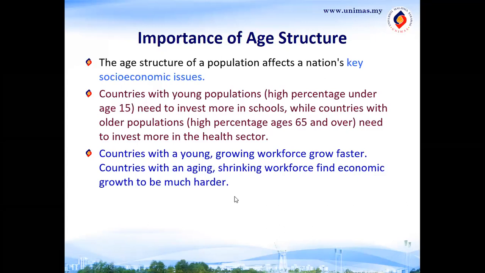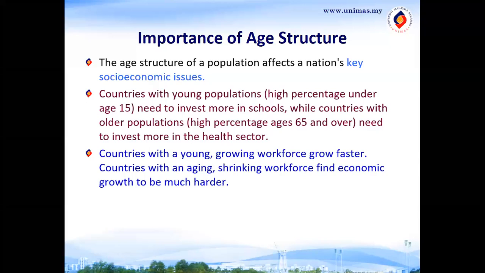And Japan is one of those countries which are experiencing a shrinking workforce. Yeah, so one of the strategies used in Japan is to re-engage people who are retired, yang sudah berumur 65 tahun ke atas, but still can work.